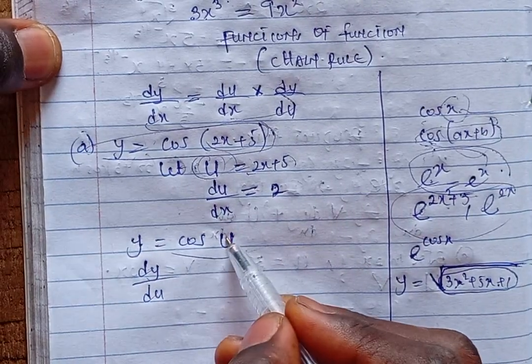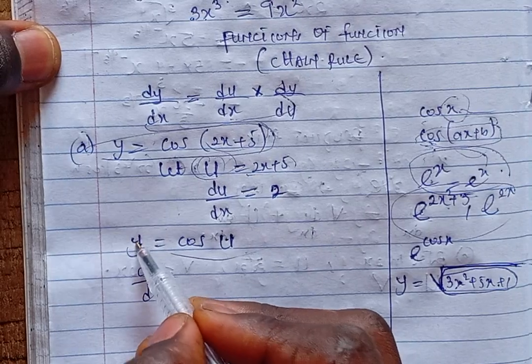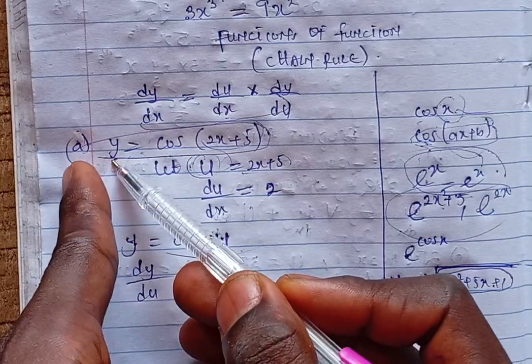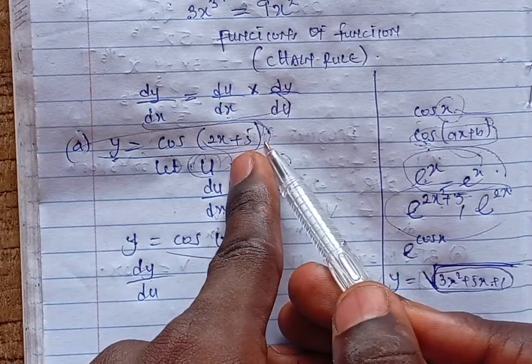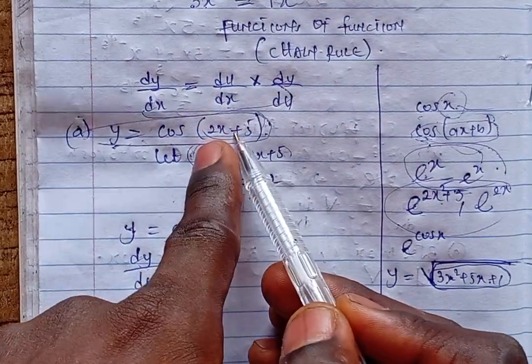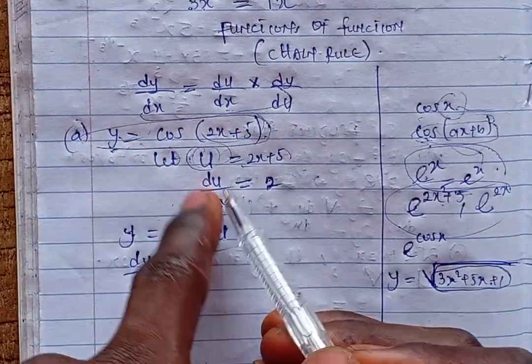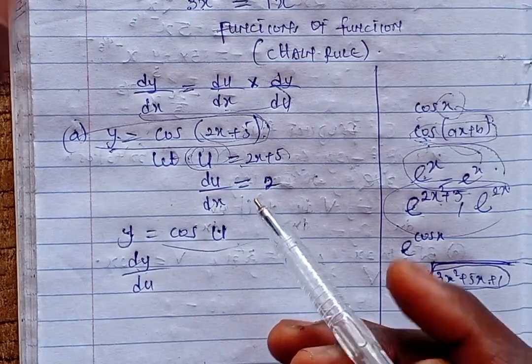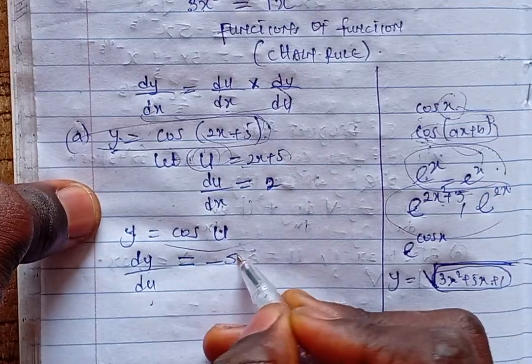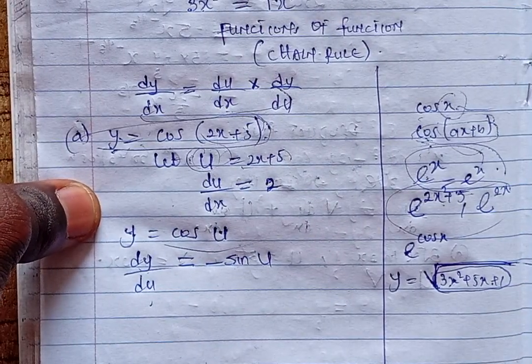Assuming that m is here, it will be dy/dm. What you are differentiating at the left hand side is divided by what you are differentiating at the right hand side. Assuming you have y here and n here, it means dy/dn. That's it. So dy/du will now be equal to minus sine u. You understand?